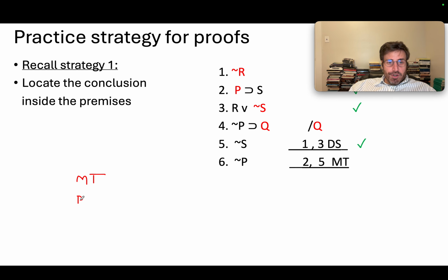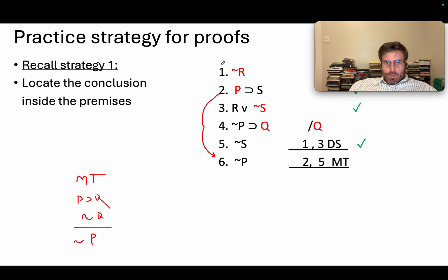So for any conditional, if P, then Q, where we have the negation of Q, we can then infer the negation of the antecedent, not P. We are able to apply modus tollens to lines 2 and 5 because not S is the negation of the consequent. And so now we can bring down the negation of the antecedent in line 6, thus isolating not P.